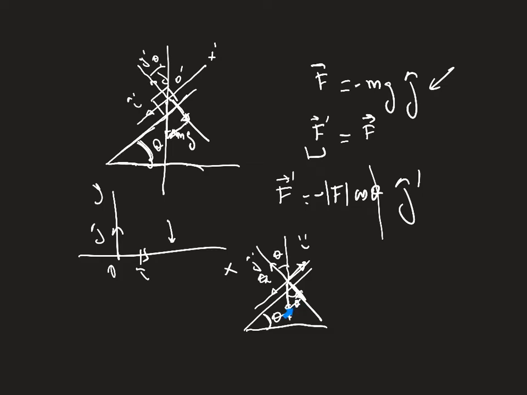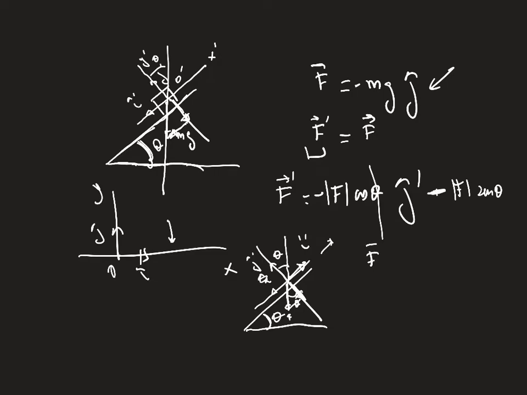So what is this one? This one is the magnitude of F by sine of theta. So I put it here, plus the magnitude of F by sine of theta. And if I choose i prime in this direction, there should be a minus also.